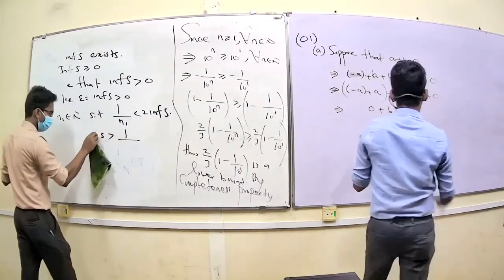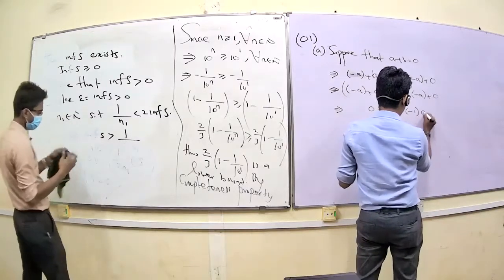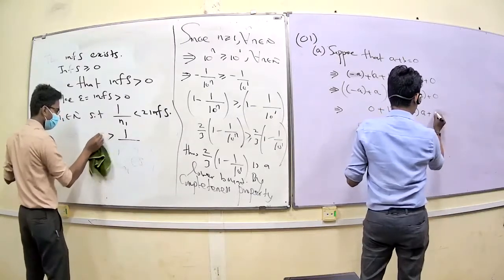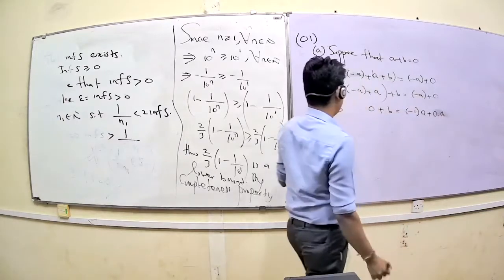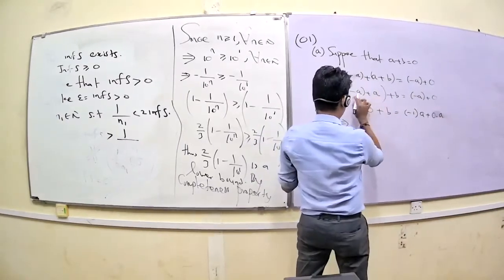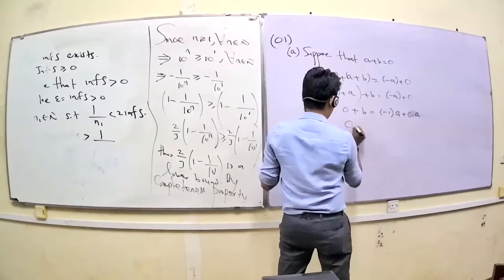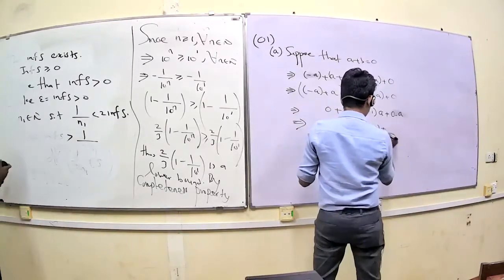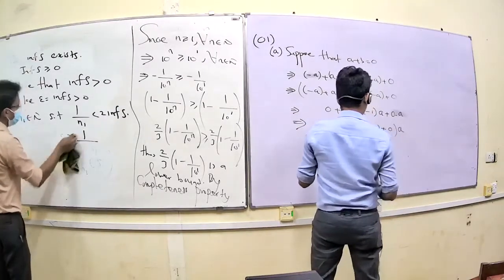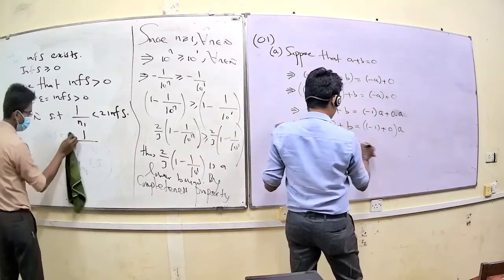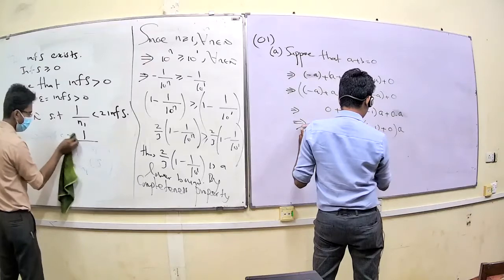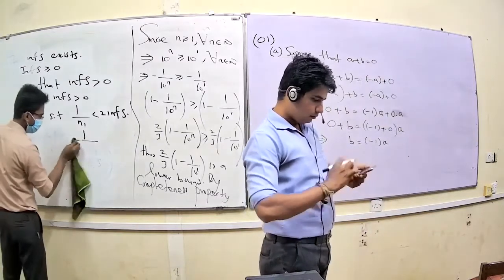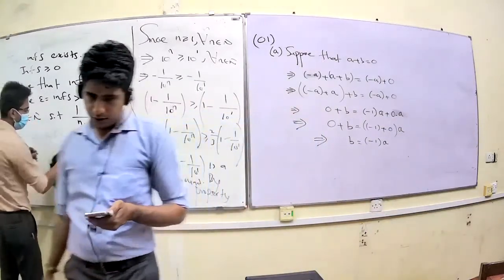You can write minus 1 into a plus 0 into a, or a dot 0. 0 into a, or a dot 0, equals 0. Therefore, this one equals b, equal to minus 1 into a. This is the question.